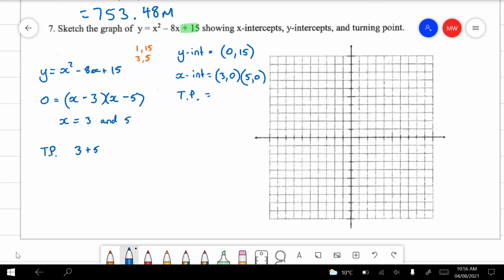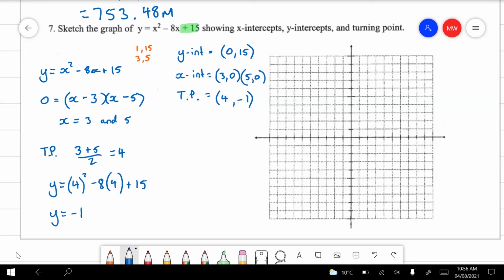So we say 3 plus 5 divided by 2 gives me 4. So if I have an x value of 4 and I put it back into my original equation, that means that y is going to be 4 squared minus 8 times 4 plus 15, which gives me an answer of minus 1. So that gives me a turning point of where x is 4, y is minus 1.